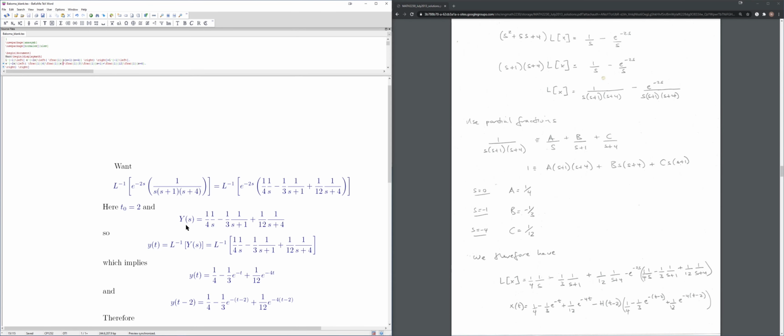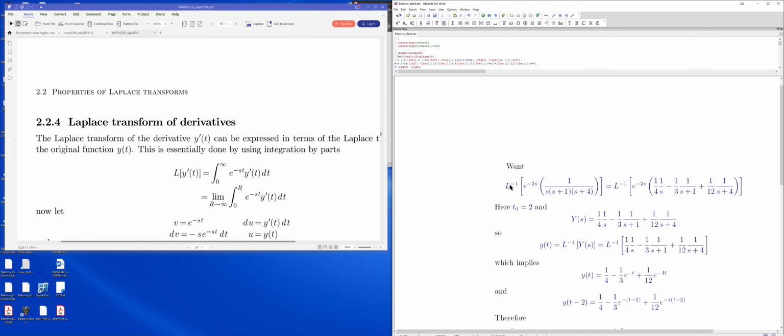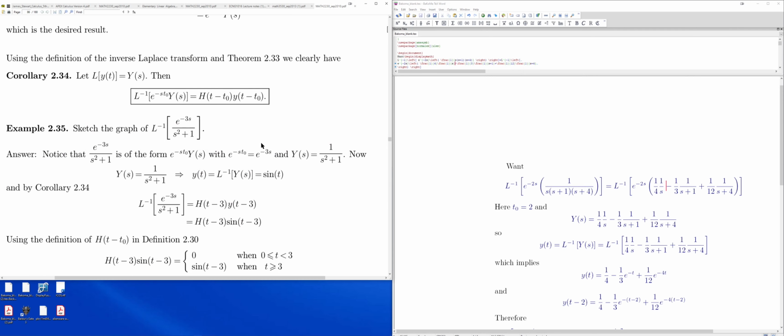I have it written here. And when you're using the T-shift formula, what you need is the big Y of s, and from the big Y of s, you get the small y. So the small y is the Laplace inverse of the big Y of s.